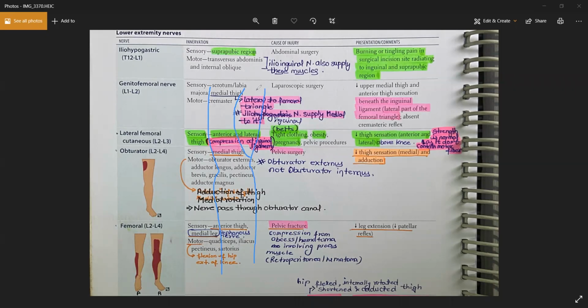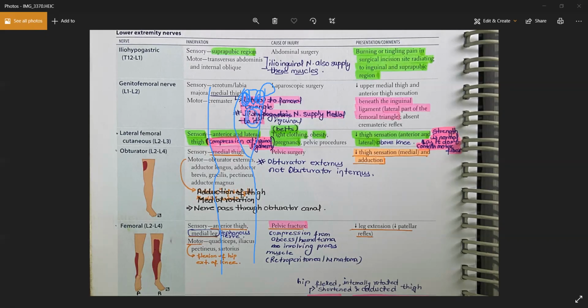In the middle part, you also have this canal and that triangle, the femoral triangle. Okay, medial to the femoral triangle, you have the ilioinguinal nerve supplying this region, and lateral to the femoral triangle, you have the genitofemoral nerve supplying this region. Below the genitofemoral nerve and the ilioinguinal nerve, you have the obturator nerve supplying this region.